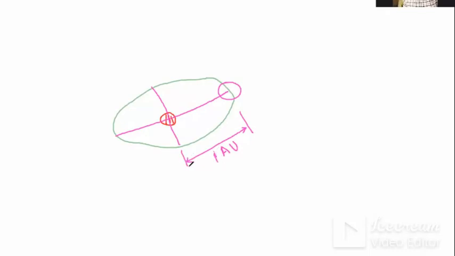Now what you have to do is draw a straight line from here, and another straight line from here, that is from the earth. Then some angle is made.